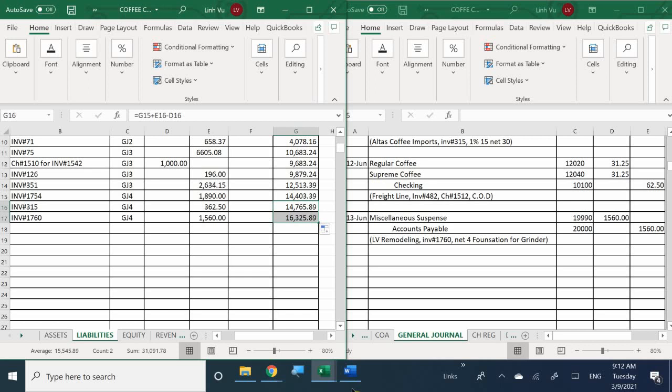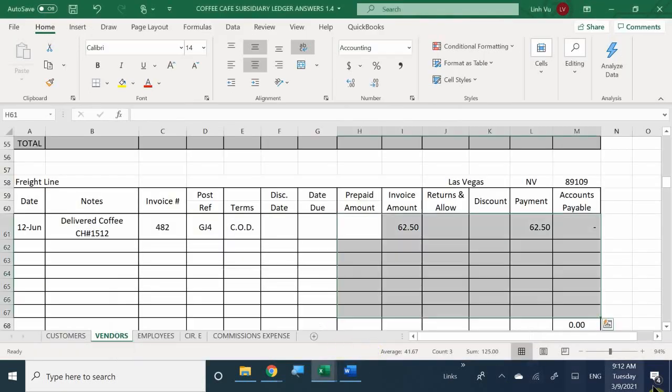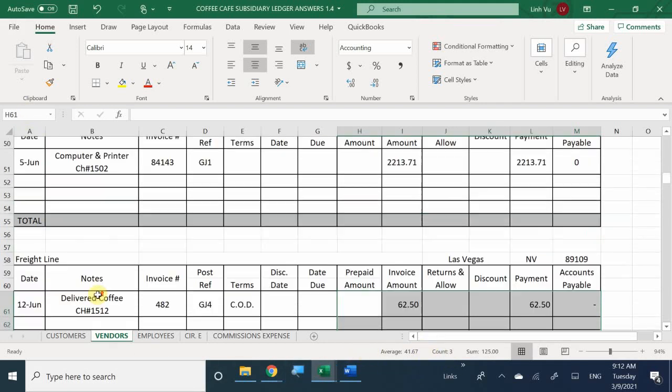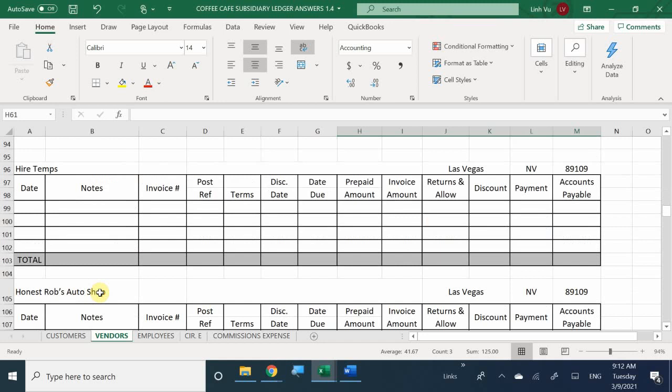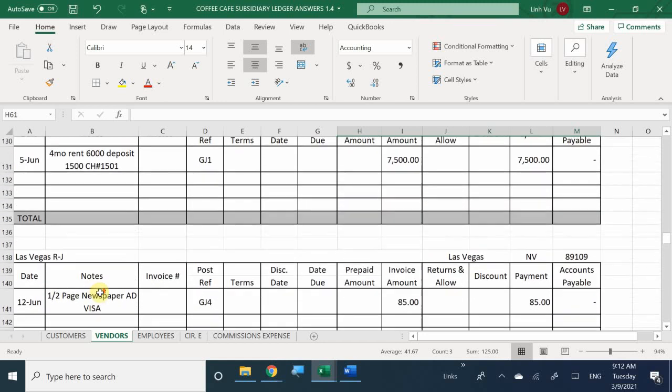So we just keep racking up our bills right now. So luckily, some are due now, some are due at the end of the month, some are due the next month. So now that we completed the ledger, let's go ahead and enter this in my subsidiary ledger. So once again, we're going to visit LV Remodeling. So down below, LV Remodeling.